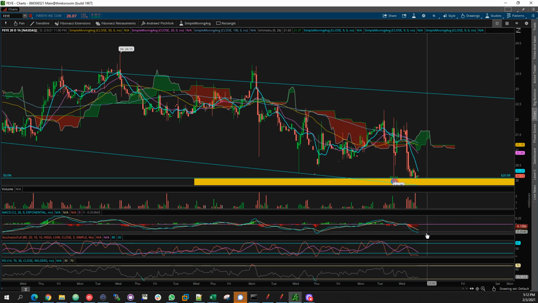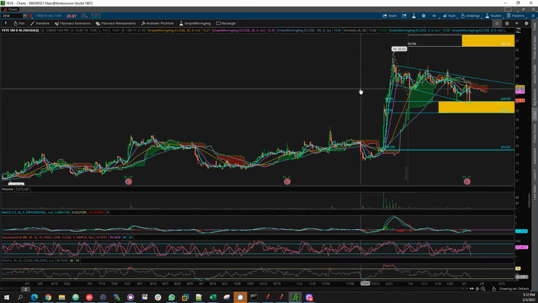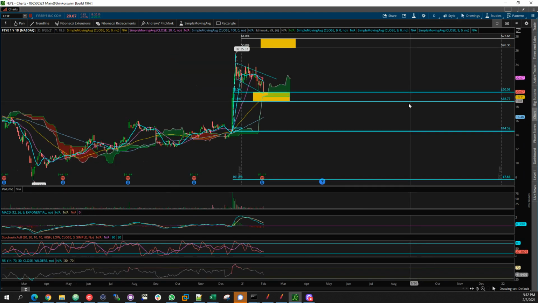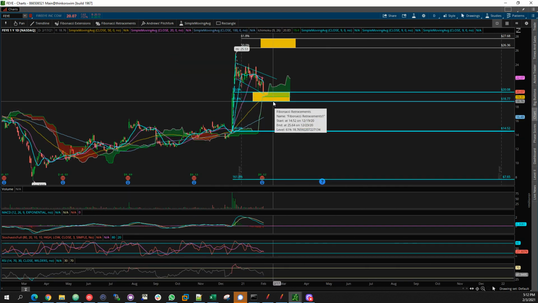I don't know what the news was, but when you do have a lot of selling, 7.5%, you might get a bounce from it the next day. But I am a guy that would not get in until we rip above this channel that we drew, or I see a clear support on the 61.8.